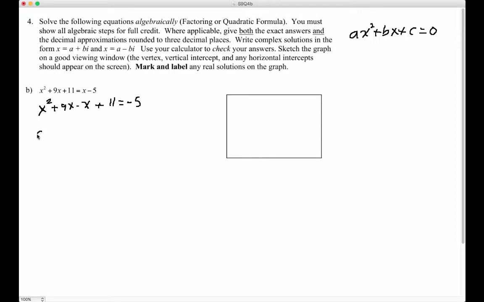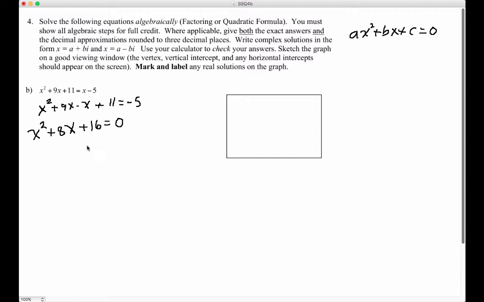Oops, no, it's not a 9 yet. That's still an x squared. There we go: x squared plus an 8x. And then we subtract 5 from both sides. And so we get 11 minus a negative 5, or 11 plus 5, which gets me back a 16. I said that a little chewy, but basically what I meant to say was add 5 to both sides, and we get back to a 16.